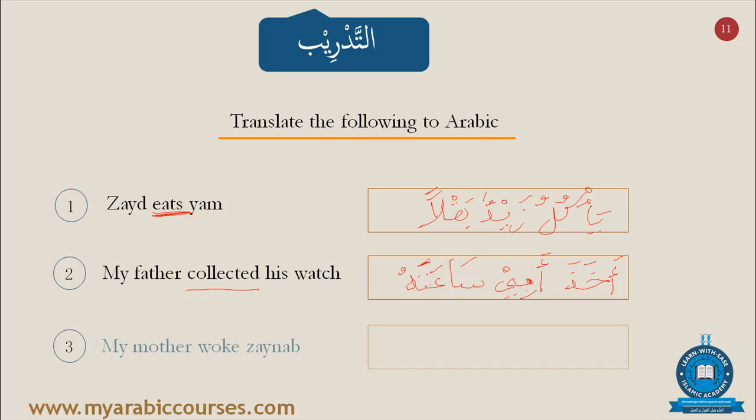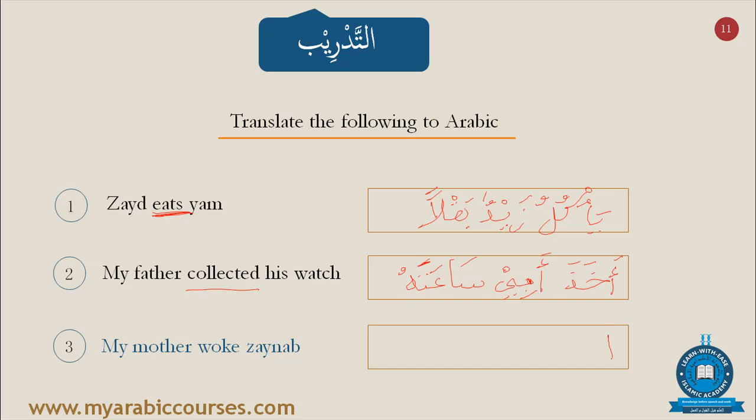So the next one, my mother woke Zainab, to wake somebody up. I give you just 5 seconds to do that. Yes, the answer is أيقظت أمي زينب. That is very simple. أيقظ is the verb for the masculine, but it's going to be أيقظت for feminine.